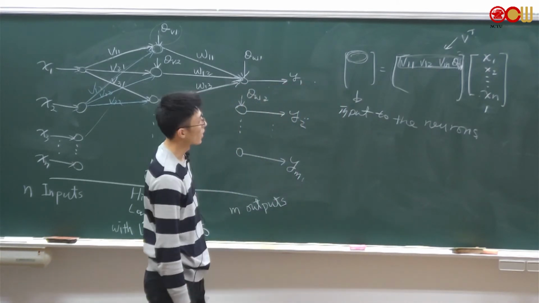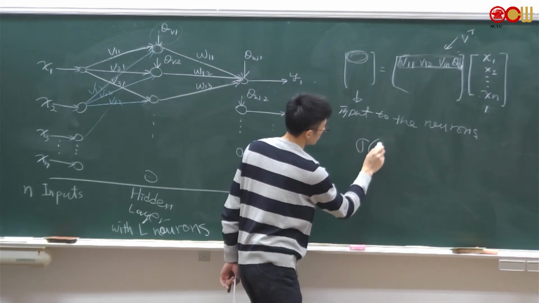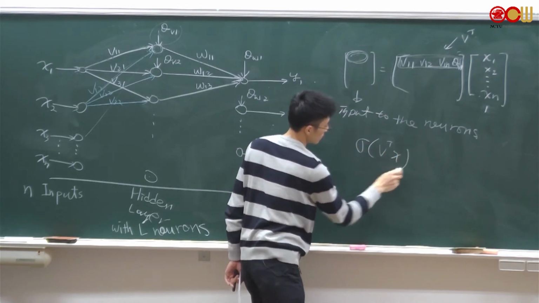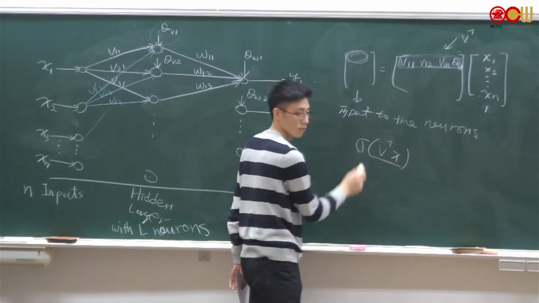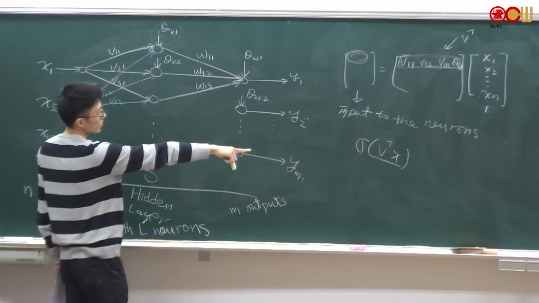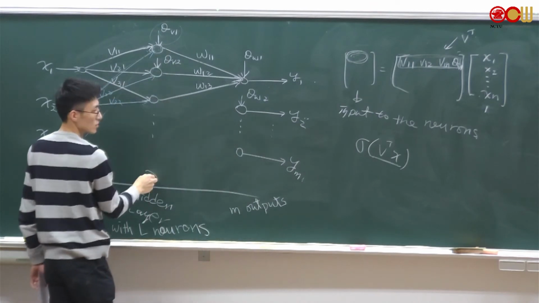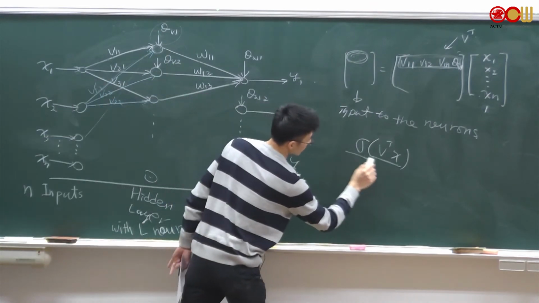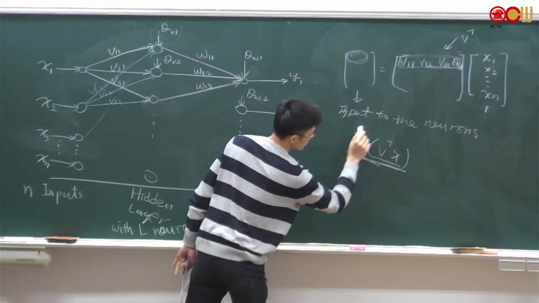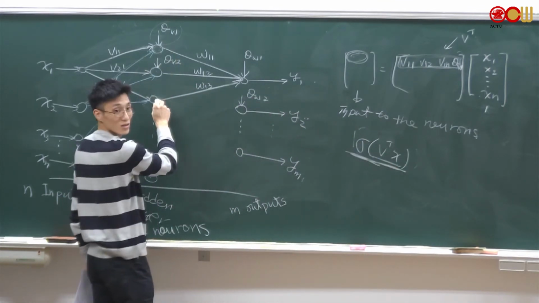Okay, this is Vx. And Vx will be the argument for the activation function. That means all these are the input to the neurons. So after you do the operation, this is the output from the neuron. Right?